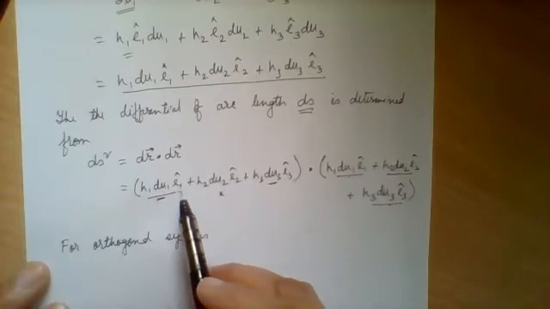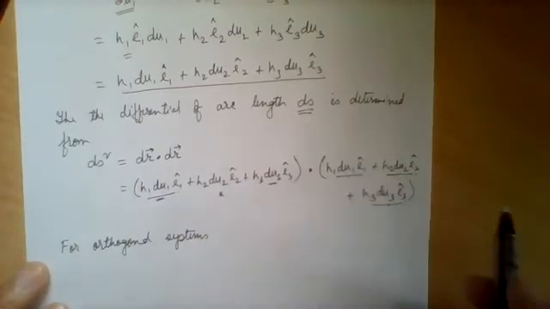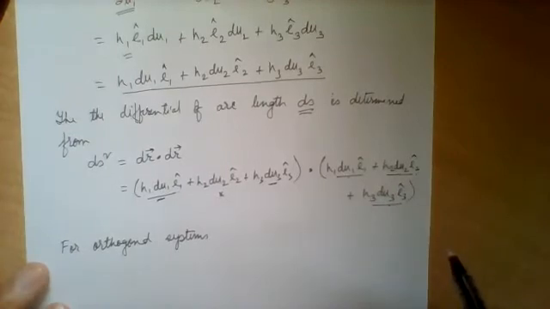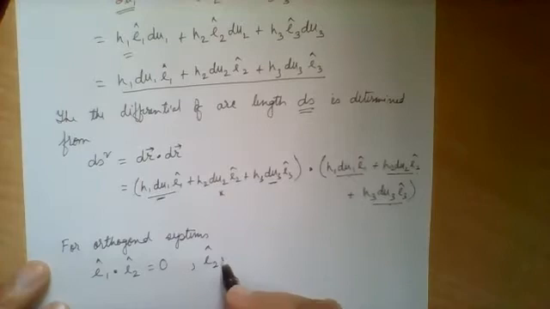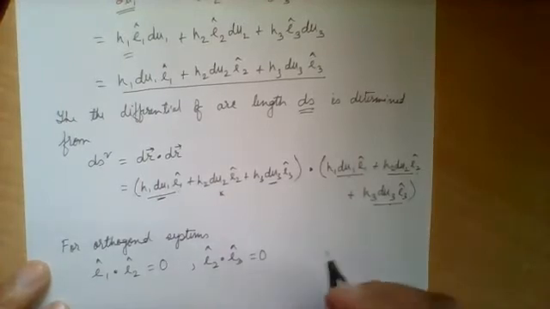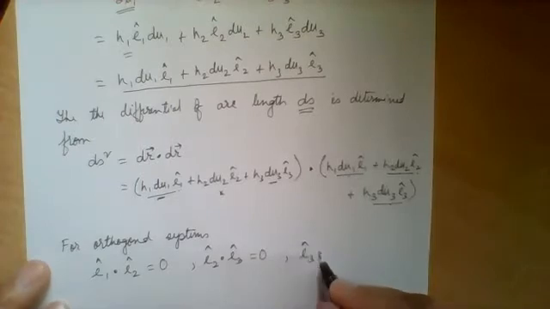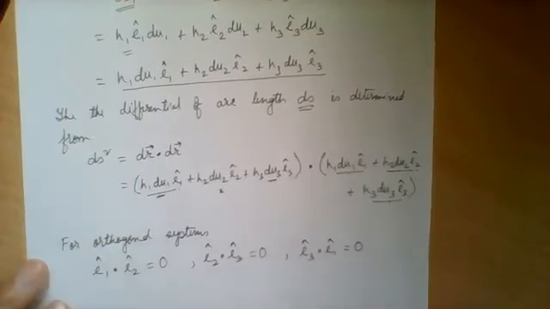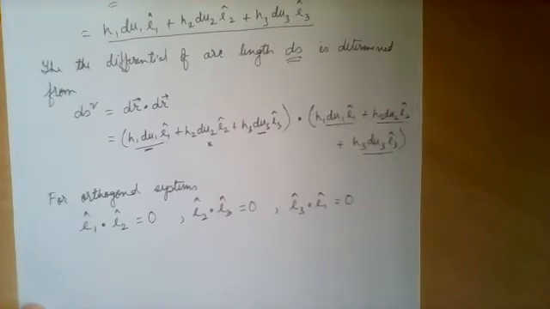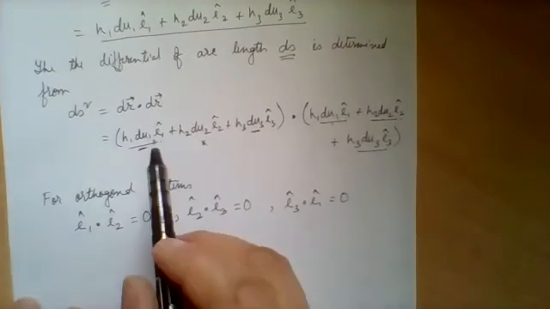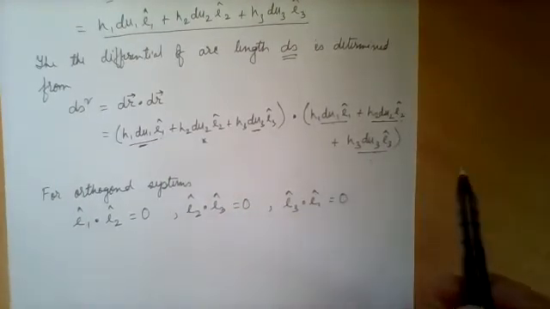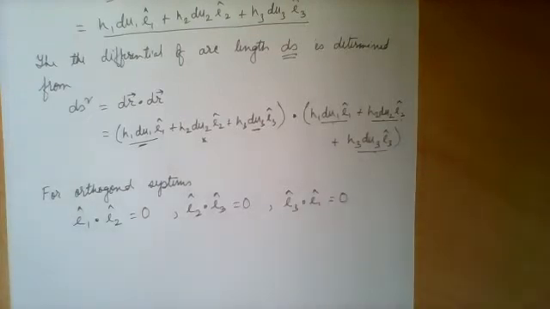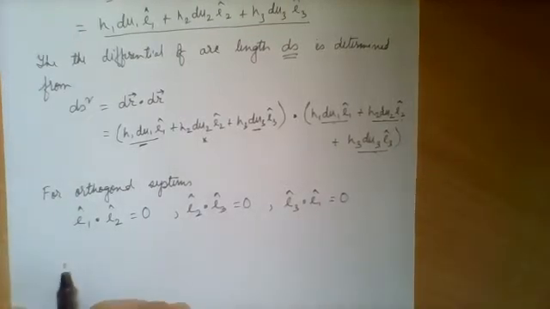So for orthogonal systems we have e1 dot e2 equal to 0, e2 dot e3 equal to 0, e3 dot e1 equal to 0. Many of the nine terms will become 0, so what remains is only three terms.